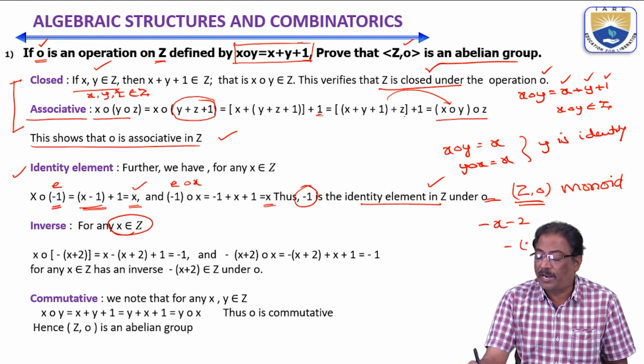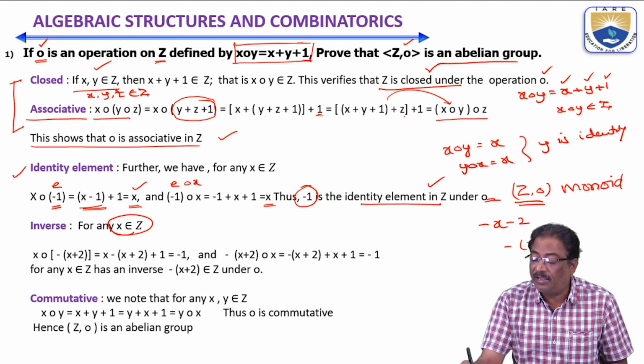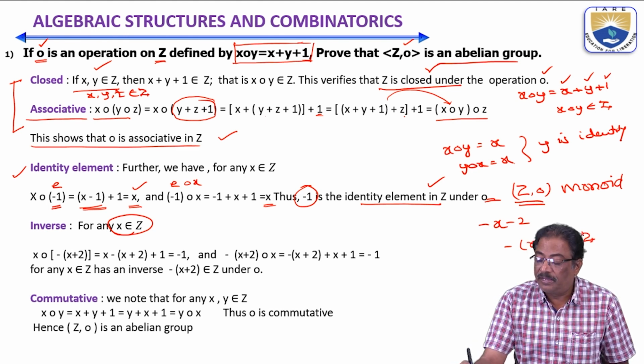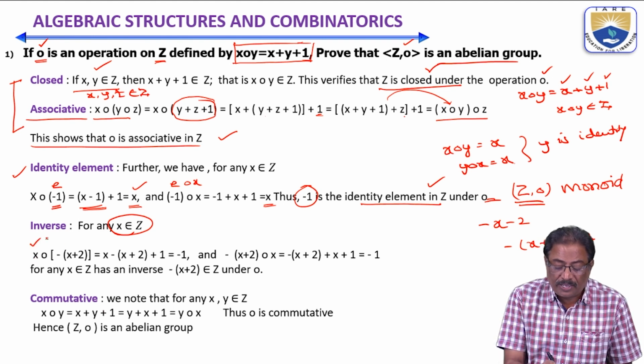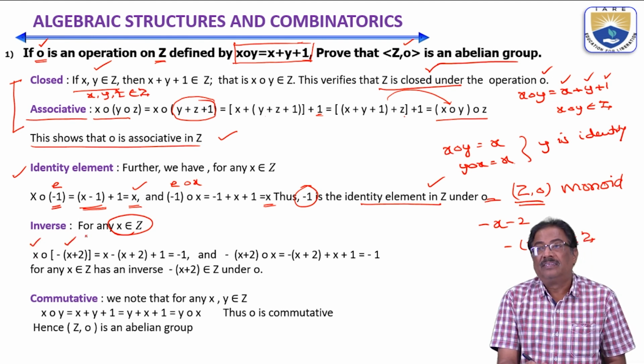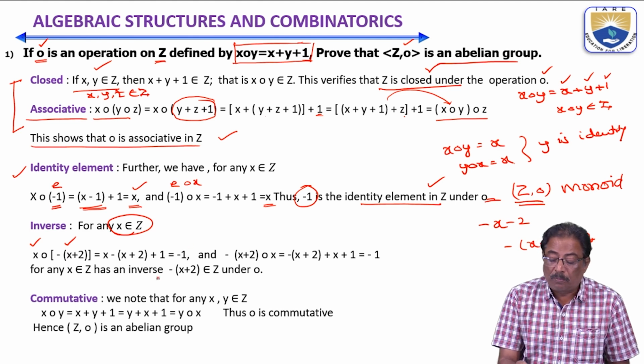I write this as minus of x plus 2, which is also an integer, so definitely it belongs to Z. So we take x circle minus of x plus 2, that is nothing but x plus y plus 1, which is equal to minus 1.